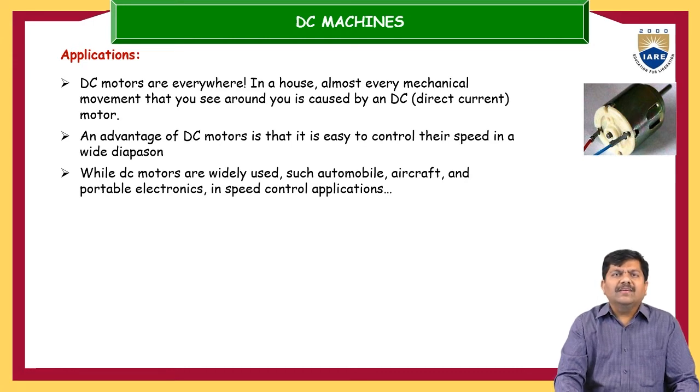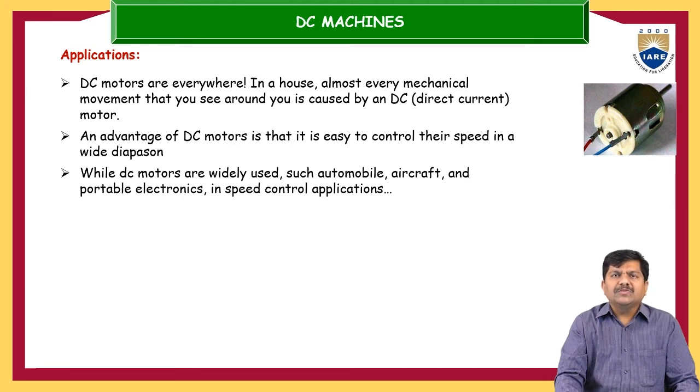There we can get a good idea of the important advantages of these DC machines, especially in speed controlling applications. DC motors are widely used in aircraft, automobiles, portable electronics and speed control applications. So in view of this, these machines are very, very important.